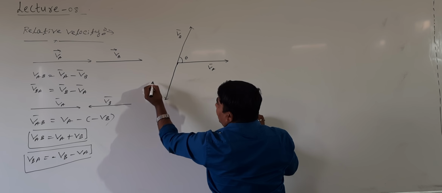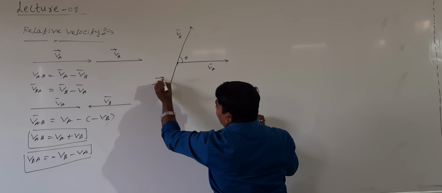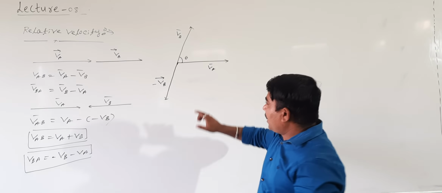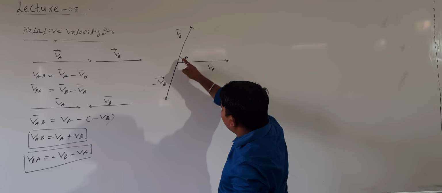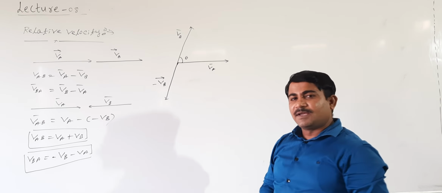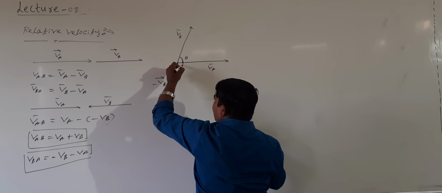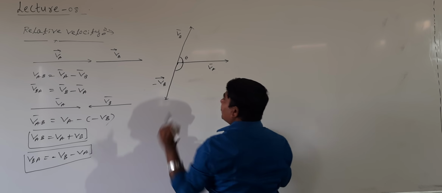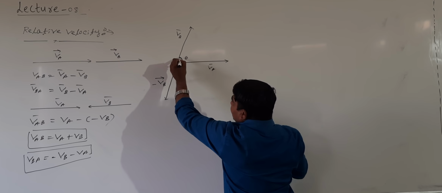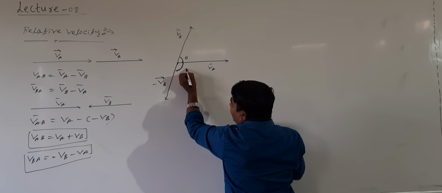In the negative direction, I want to take the velocity equal to minus VB. Now VA is like this, VB is like this, and this is the negative value of B. See students, you know that this total angle is 180. If this is theta, then this one is 180 minus theta.